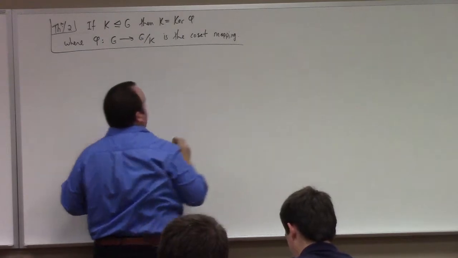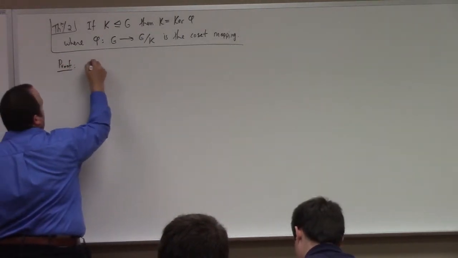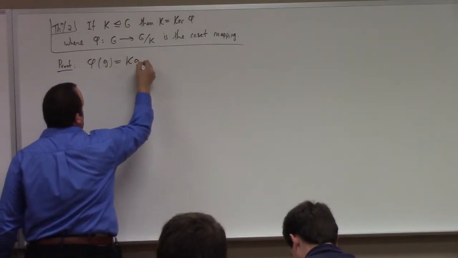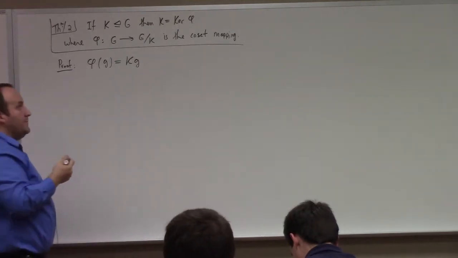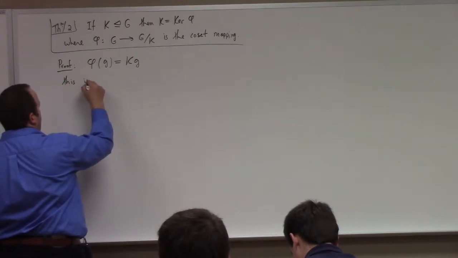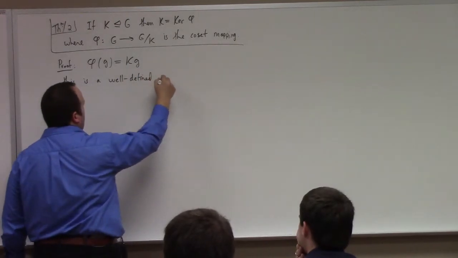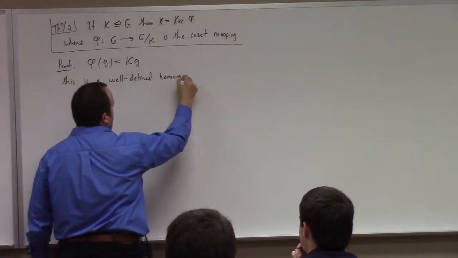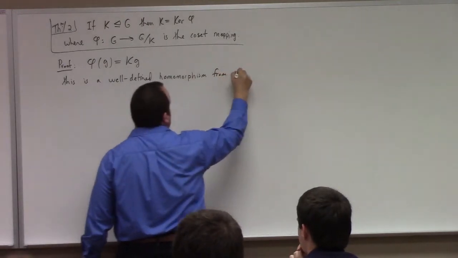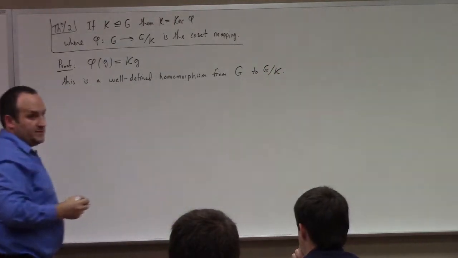What have we already proved about it? Phi of g is equal to Kg, right? So this is a well-defined homomorphism from G to G mod K. This we have worked out another day, I believe.